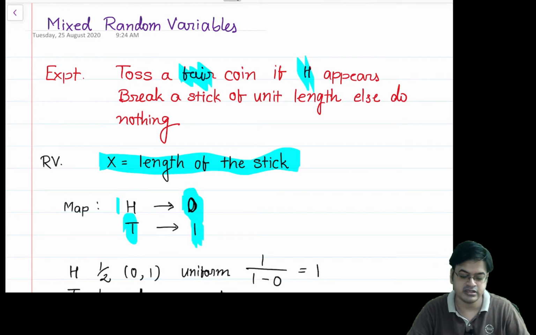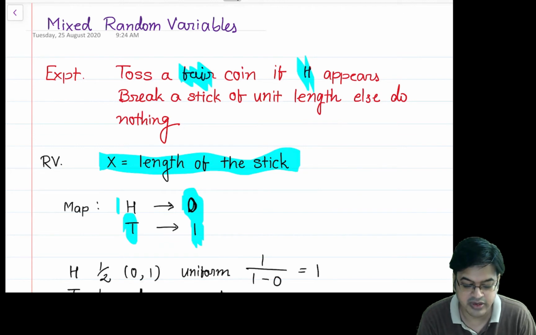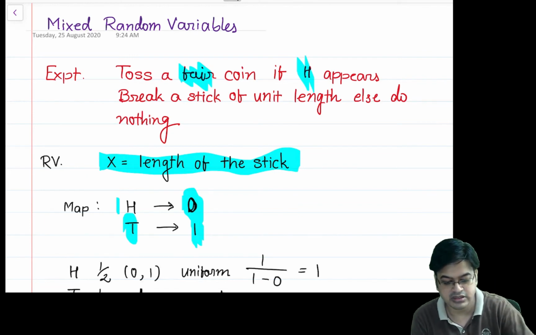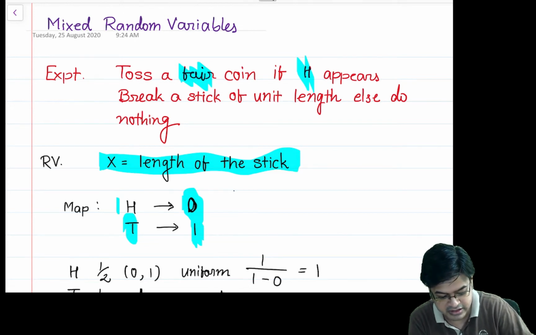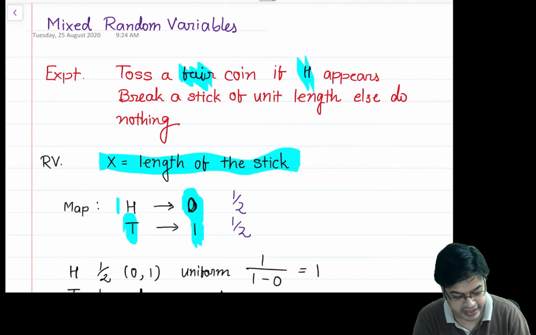Why am I doing this? Because when the tail occurs, I am doing nothing. That means the stick will have unit length, correct? So because the stick will have unit length, it will happen with probability half, because the probability of head coming is half and the probability of tail coming is half.